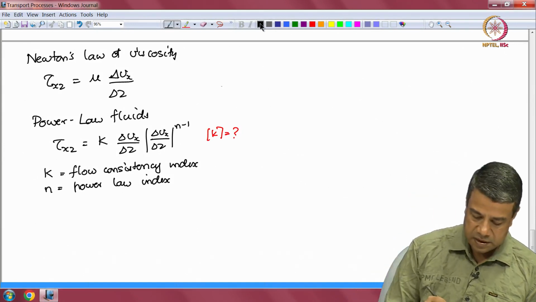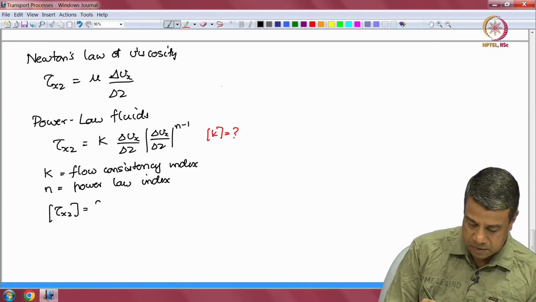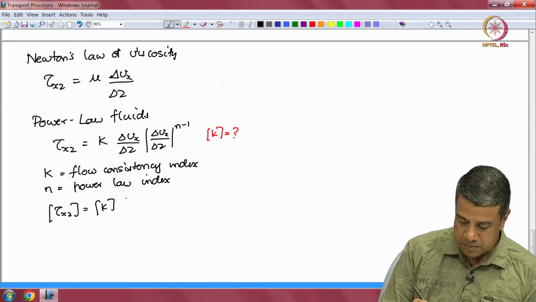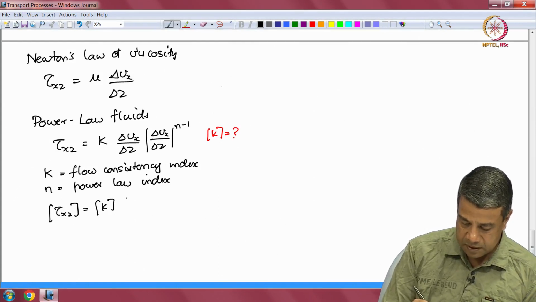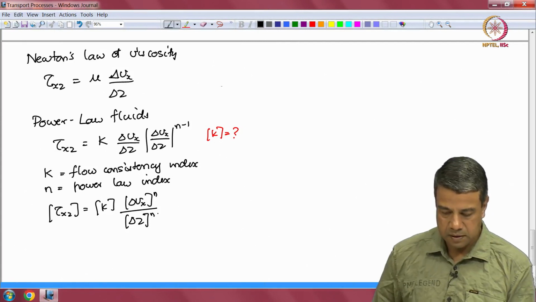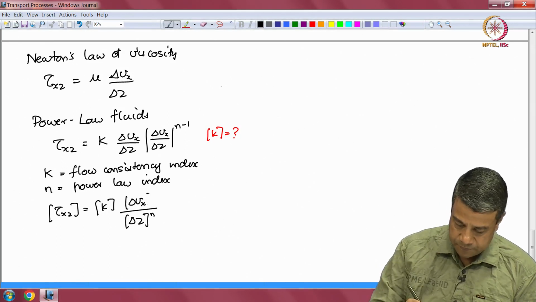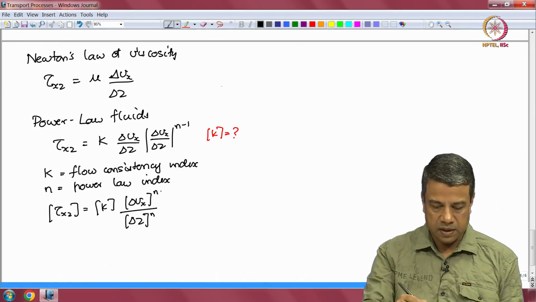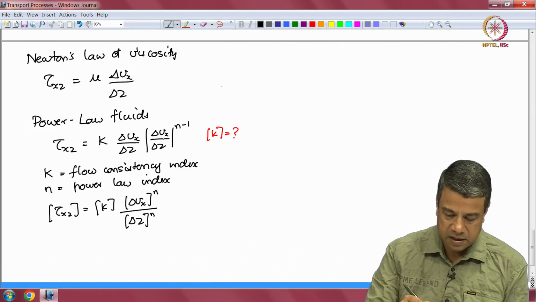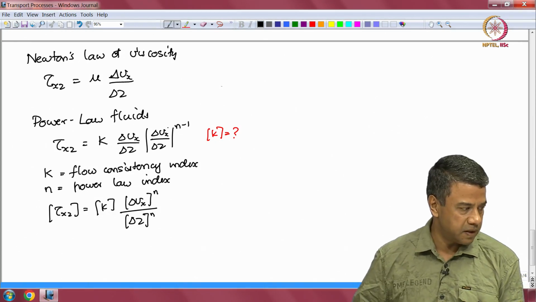You can see that from this relationship, the dimension of tau x z has to be equal to the dimension of kappa times the dimension of delta V x whole power n divided by the dimension of delta z whole power n. Note that I have delta V x by delta z times its modulus to the power n minus 1. So, when you multiply these two, you get a power of n.